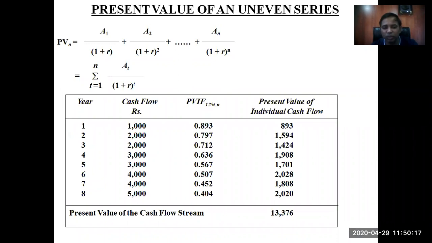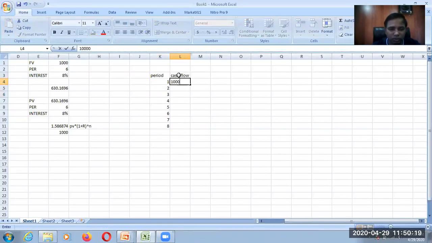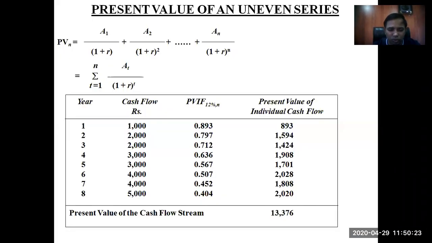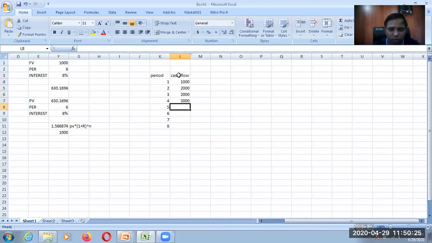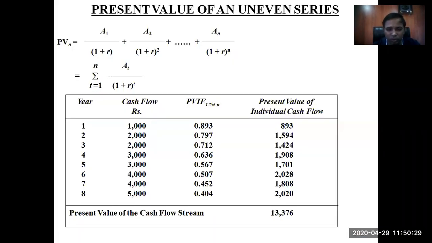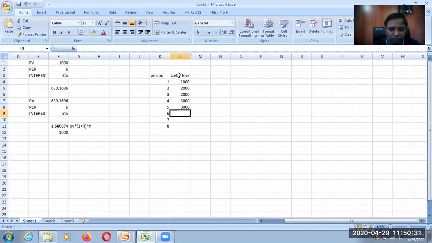The cash flow is 1000, 2000, 2000, 3000, 3000, 4000, 4000 and 5000. So this is what your cash flow looks like.